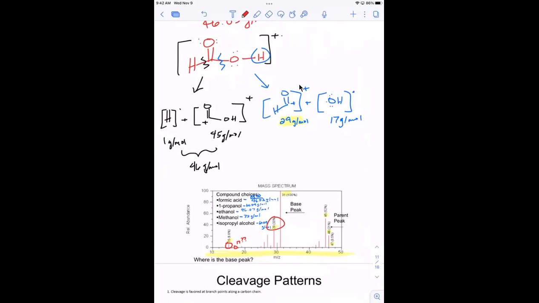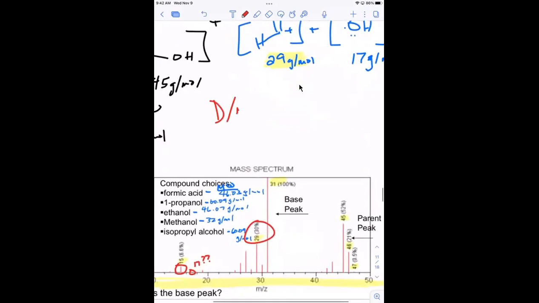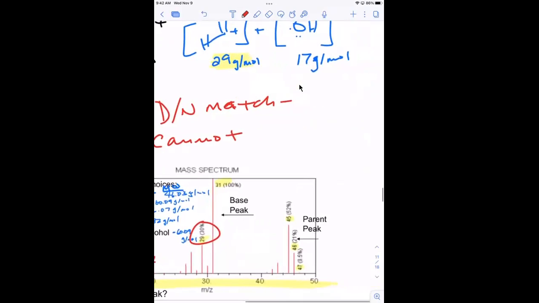So does this structure for formic acid match the spectrum? No, it doesn't. I can't account for that peak at 31. All your peaks in the spectrum have to be accounted for.